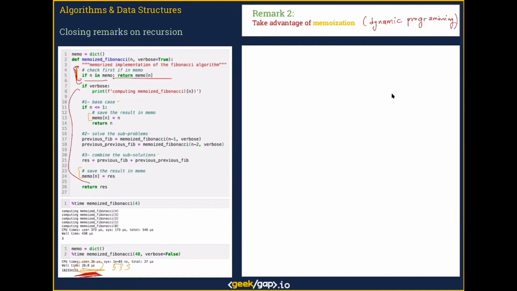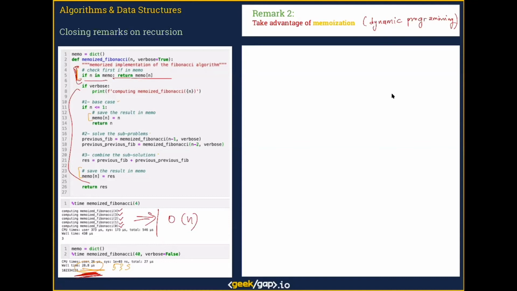We just return, which cuts completely several places of the tree that we normally would have had to follow. And you can see it here in the prints. You just compute Fibonacci of 4 once, Fibonacci of 3 once, Fibonacci of 2 once, Fibonacci of 1 once, Fibonacci of 0 once, which implies that it is big O of n. It's linear time now.